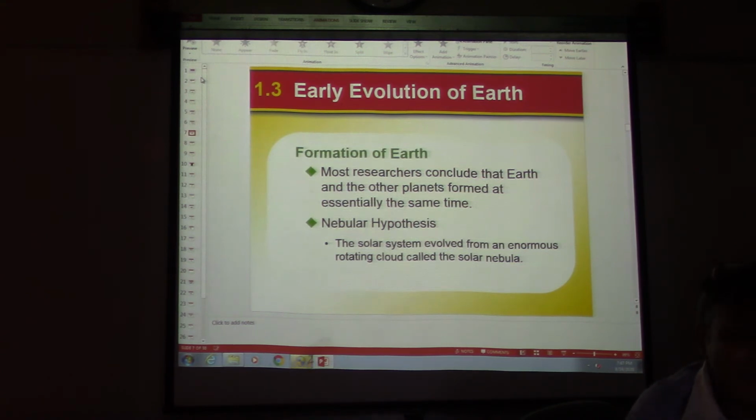Can somebody give me an example of a process which happens in a fraction of time? A fraction means short time. Give me some examples of processes happening on the earth's crust. Avalanches.